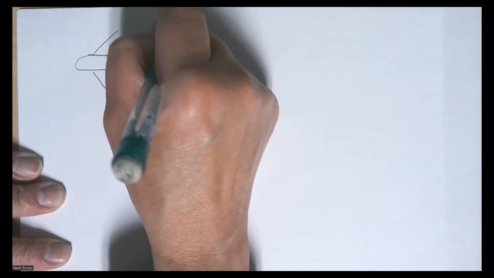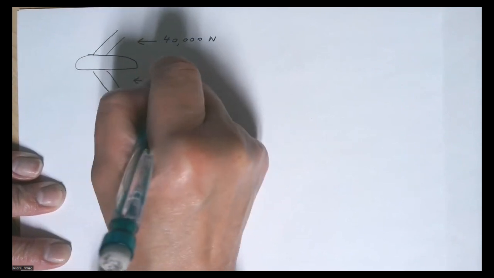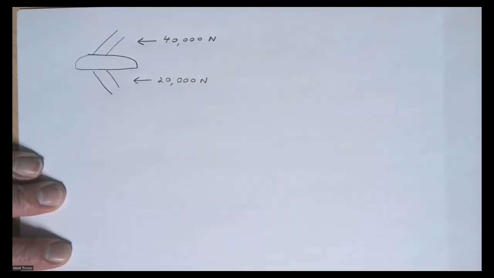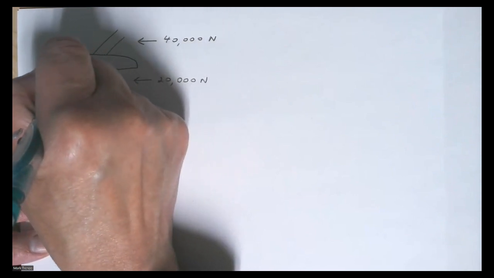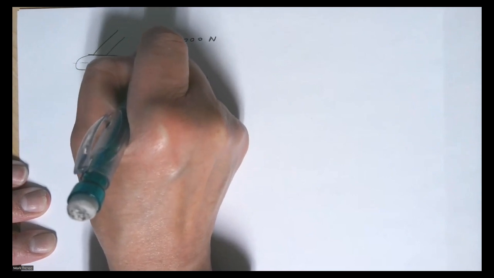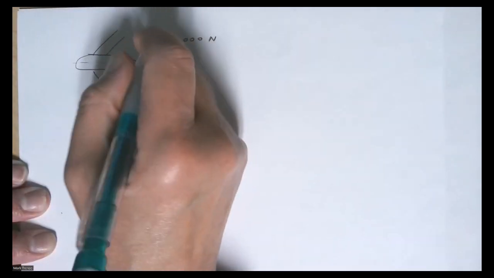In this case we have a thrust here of 40,000 newtons and one here of 20,000 newtons. And according to the picture, these are 8 meters from the center of gravity. 8 meters here, 8 meters here.